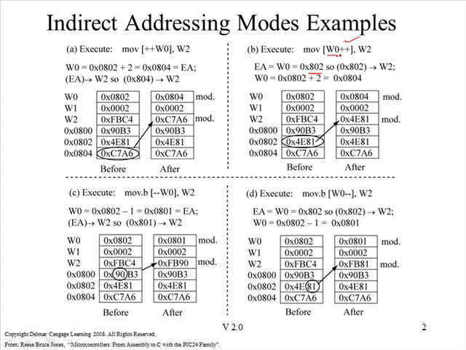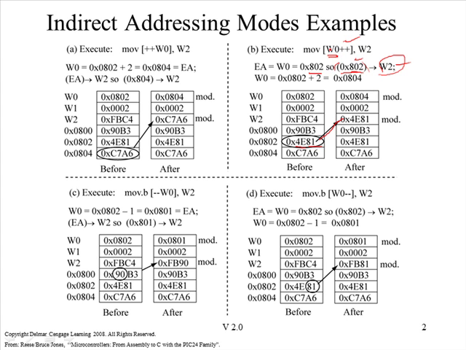We're not going to increment W0 until after we have used the contents of W0 as the effective address of the source operand. So we're going to take W0, which is 802, and look at the contents of 802, which is going to be 4E81, and that is going to be the value that is moved to the destination, W2.